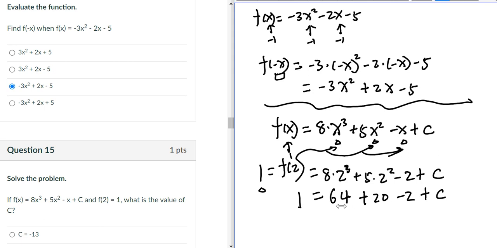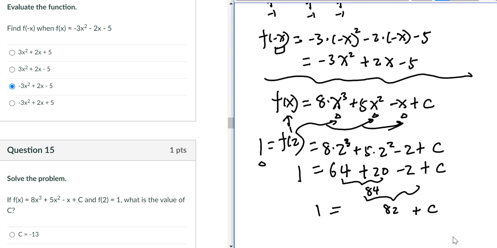This one you get will be what? 84. And then minus 2, that will give you 82. Plus c is 1.